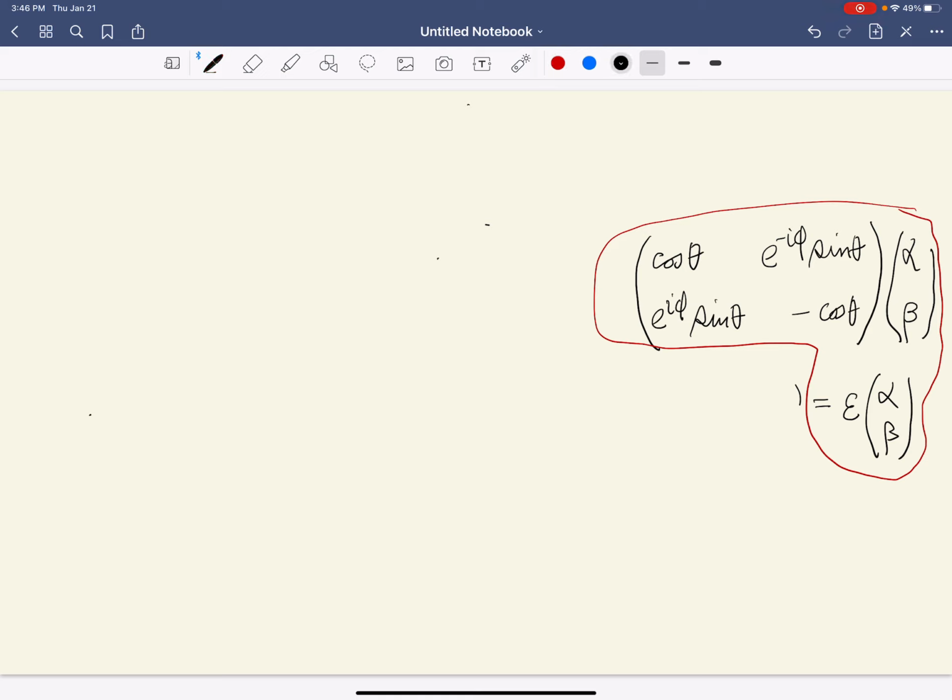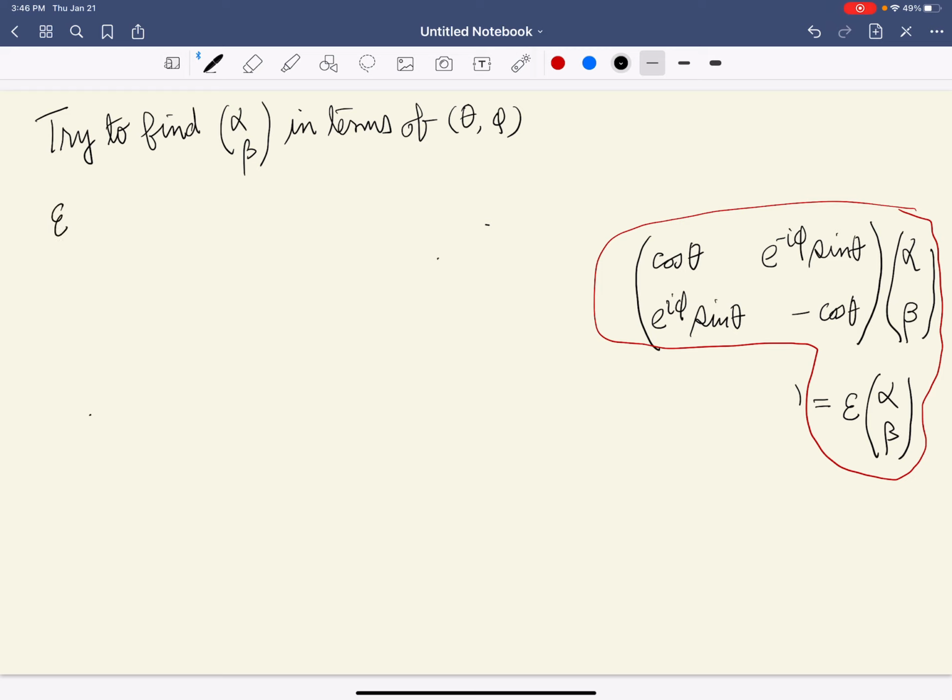Okay. Well, so now the trick is to try to find alpha and beta in terms of these two angles. Okay, I mean, that would be the most natural thing anyhow. And that can be done.